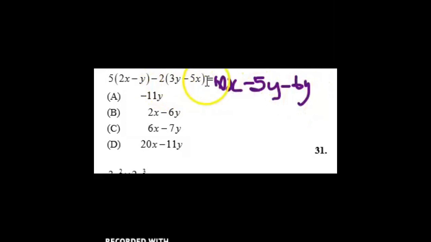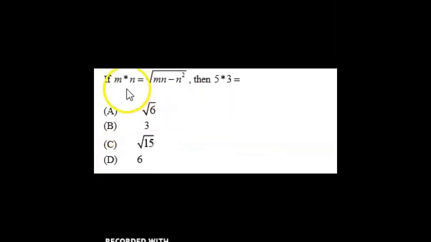And then we have negative 2 times negative 5x would have given us positive 10x. So now we're going to group the like terms. So 10x plus 10x would have given us 20x. Negative 5y and negative 6y, negative 11y. So our answer would have been D.